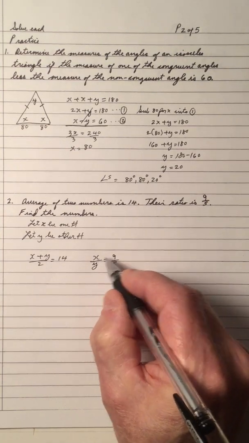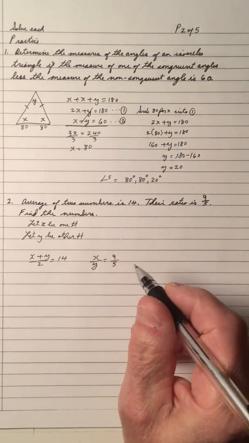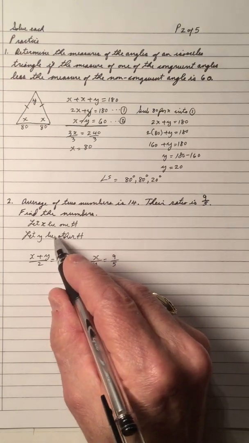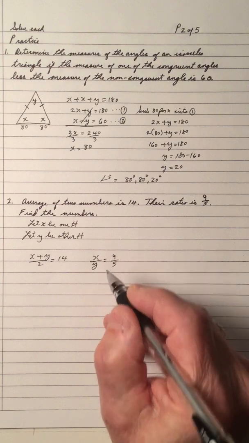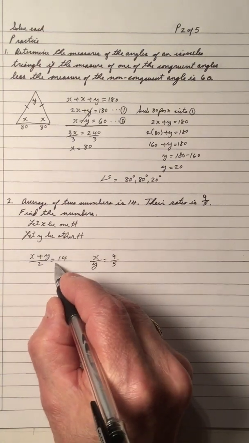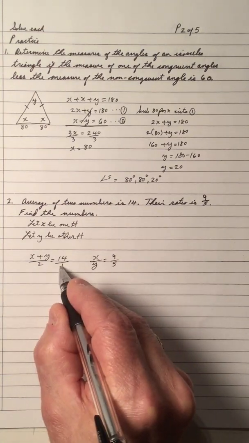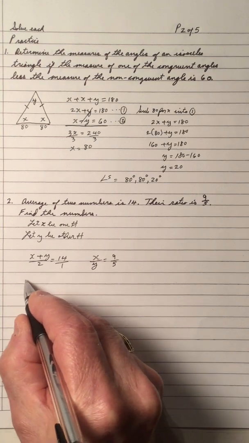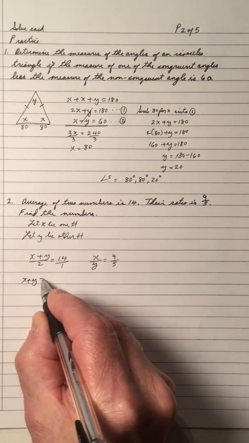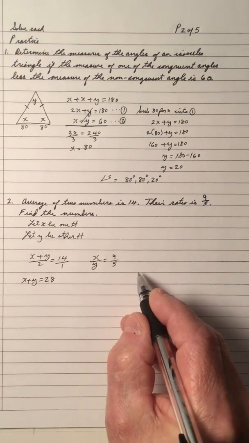You could have y over x is 9 over 5. It makes no difference. So I took the x, put it over the y as a ratio, and I got 9 over 5. Let's cross multiply the first equation: x plus y equals 28.